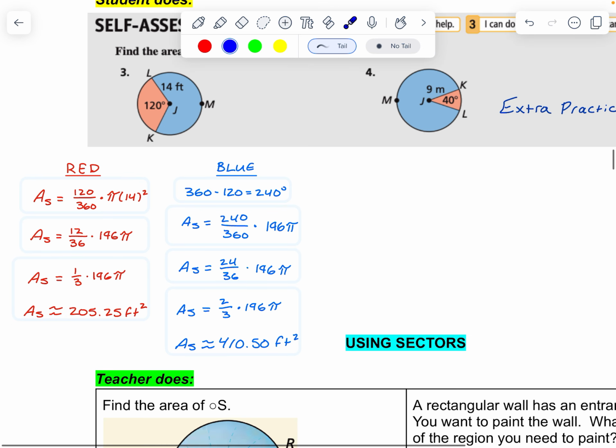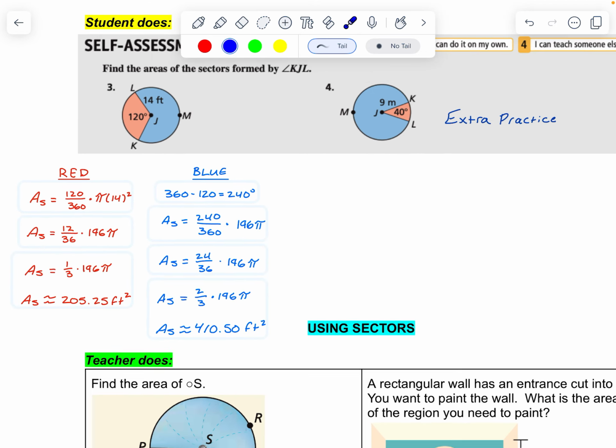To find the area of my blue sector, which is formed by arc LMK, I'm going to need this whole angle, which in this case is 240 degrees. 120 plus 240 has to add up to 360. That's how we can guarantee it every time.